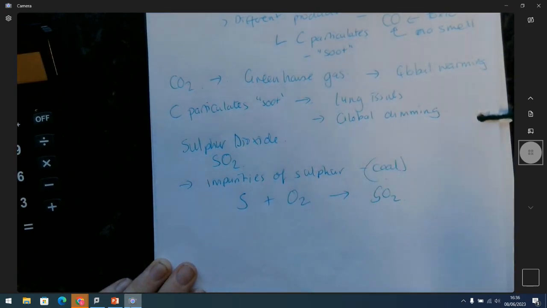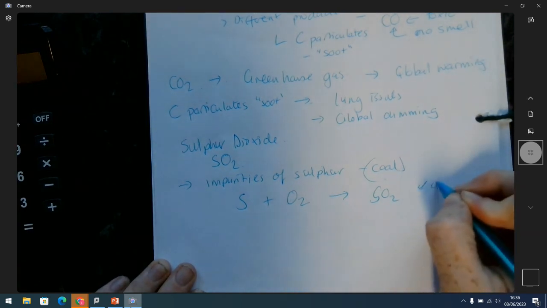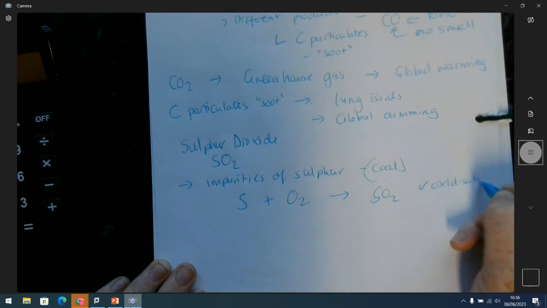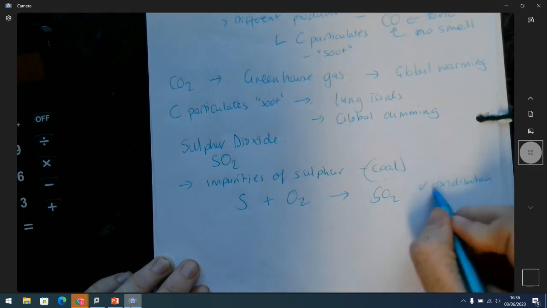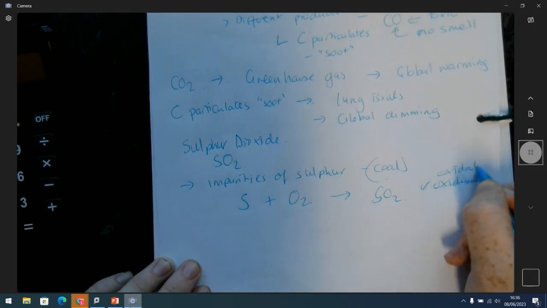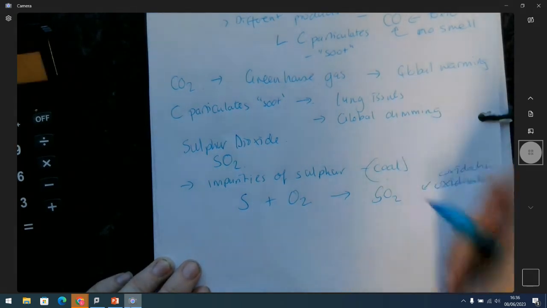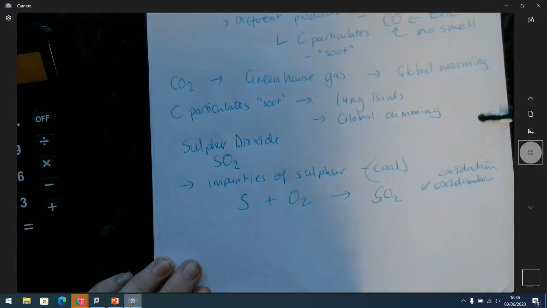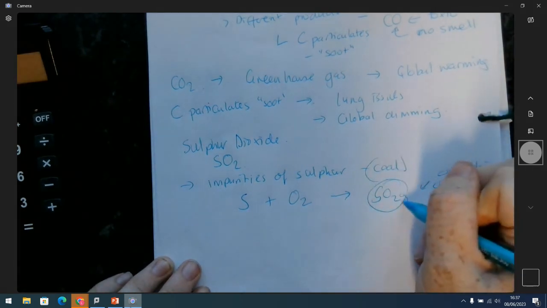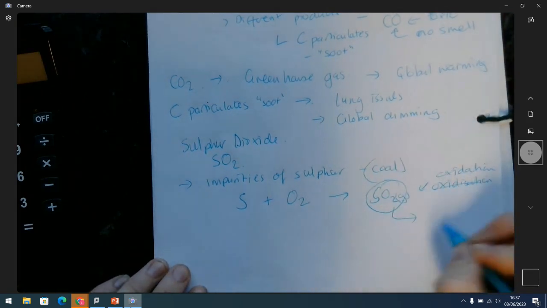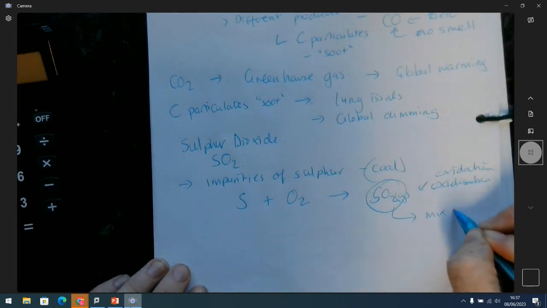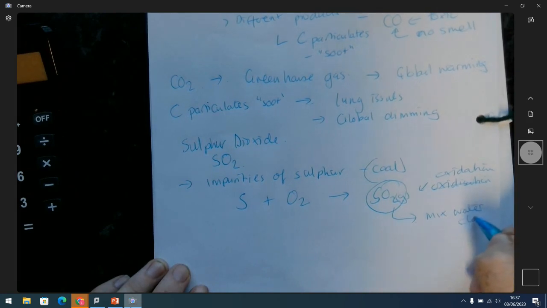And you need to know about sulfur dioxide in terms of what it is. So first of all, this is an oxidation process, where oxygen is being added. And the sulfur dioxide is a gas, and it can then go up into the atmosphere where it mixes with water within the clouds.